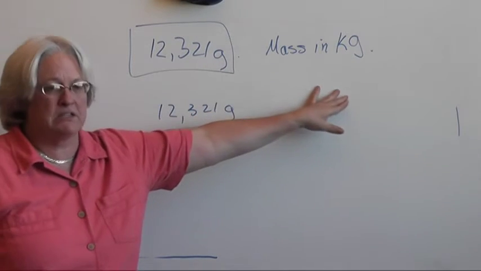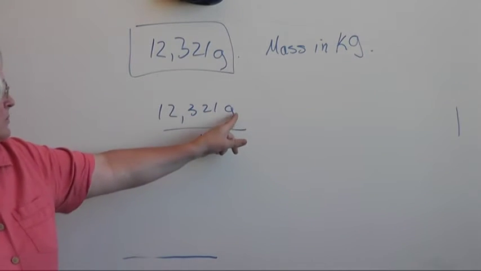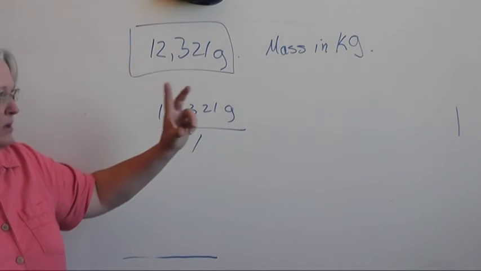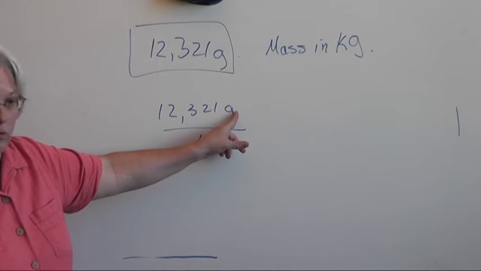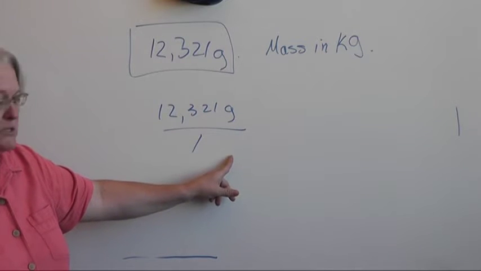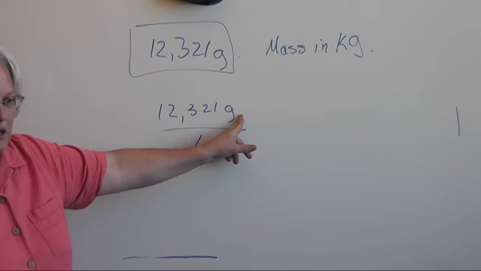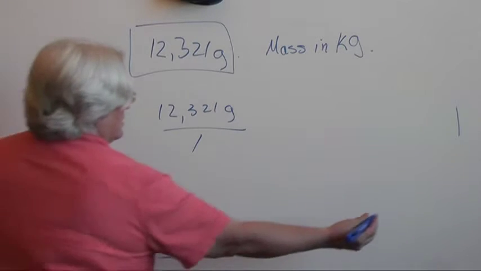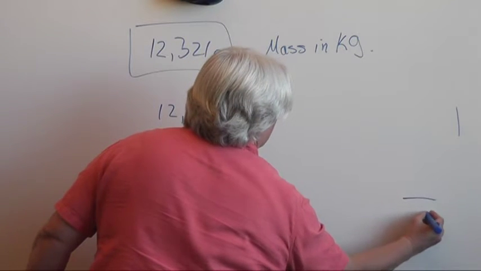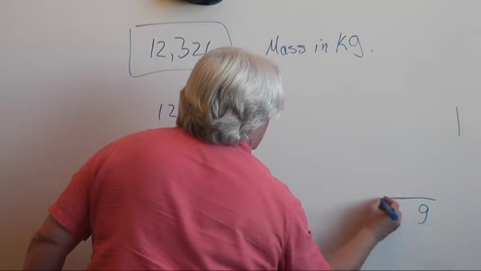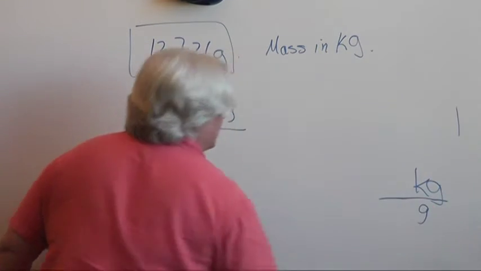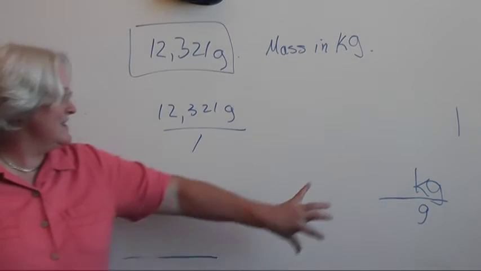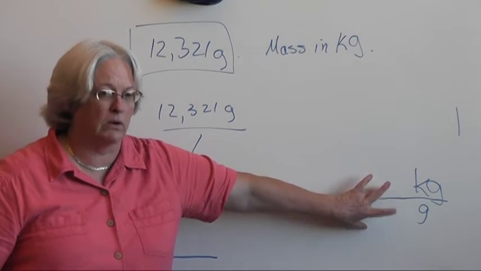We want to express that mass in kilograms, so we want to have a relationship. The two units that we're going to be using are grams and kilograms. Since we need to cancel the grams, grams are going to be in the denominator. The kilograms are going to be in the numerator, because this is what we're working towards.